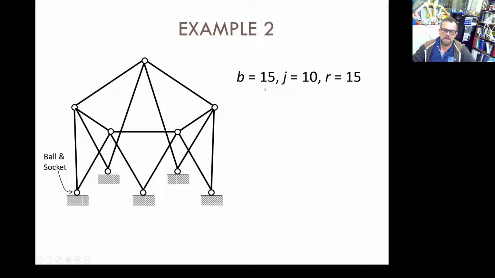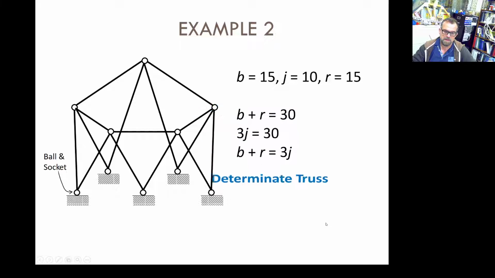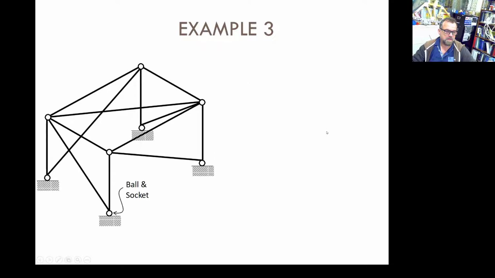So what is the equation? Number of bars plus reactions has to be equal to 3 times the number of joints. 15 plus 15 is 30. 3 times J is 30. Statically determinate truss.